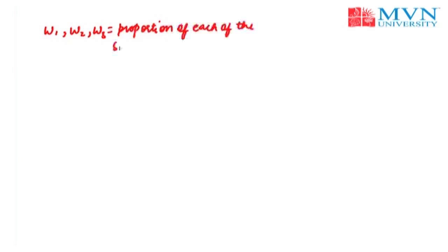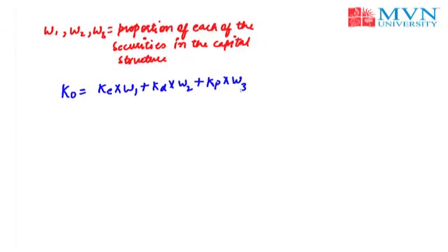However, W1, W2 and W3 stand for the weight or the proportion of each of the securities in the capital structure. So by looking at the formula, the overall cost of capital or the weighted average cost of capital is directly related to the cost of capital of each of the securities individually and the proportion of the money invested in each of the securities.